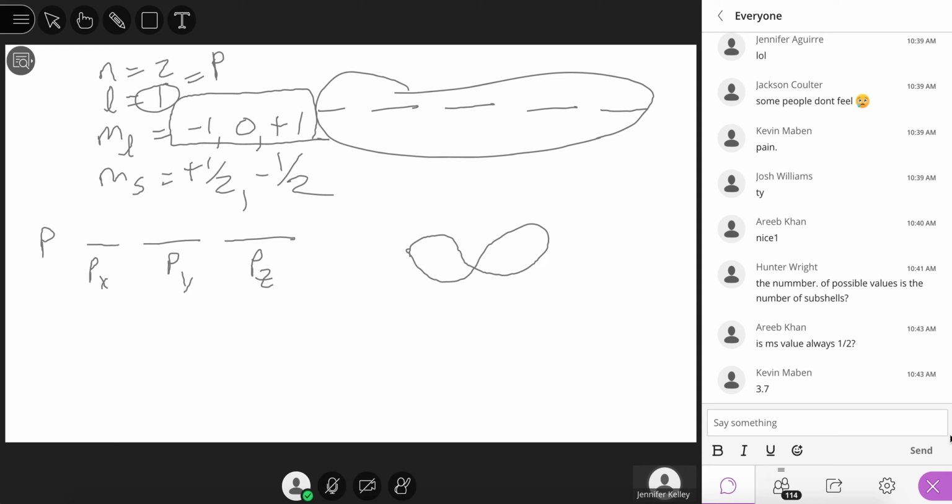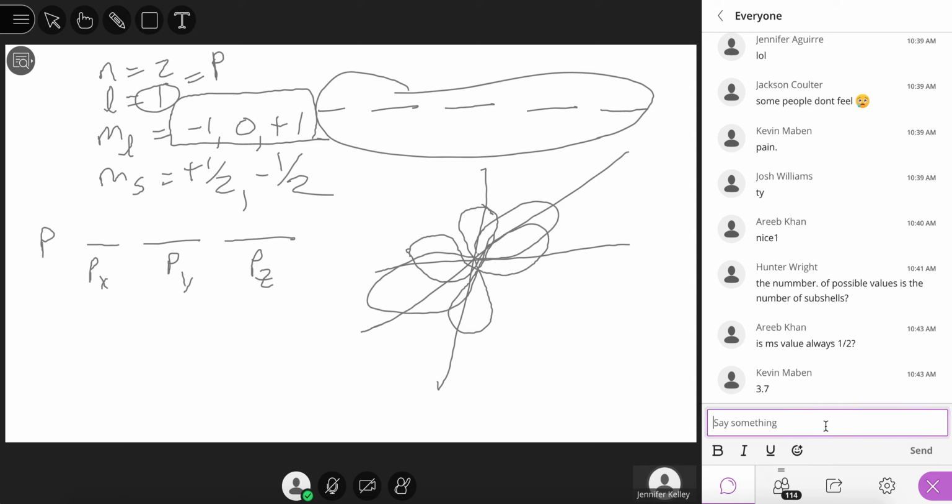I'll tell you more about that in a minute. It could go in the X direction, the Y direction, or the Z direction as well. So it can go up and down, side to side, or it could come out toward you, if that makes any sense.